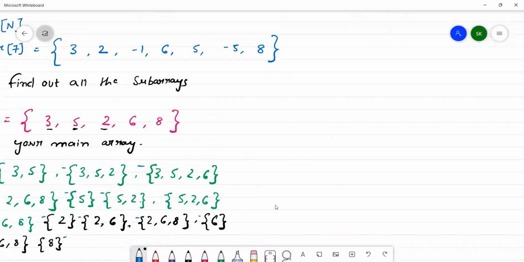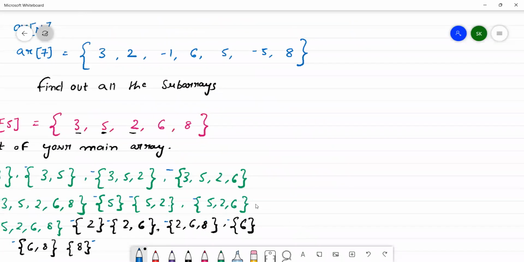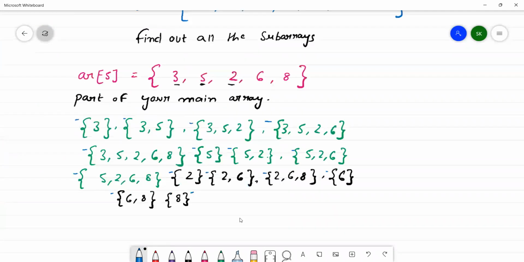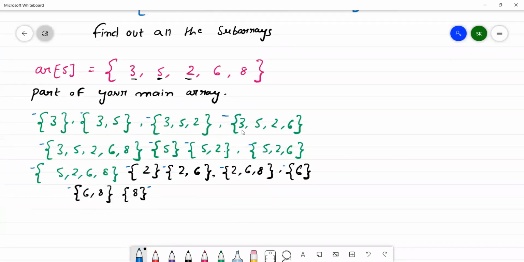I did it manually right now, but we need to do the same thing programmatically. Does anyone have any idea how we can do that? Yes, ma'am. Okay, great. Those who have the idea can write their code.